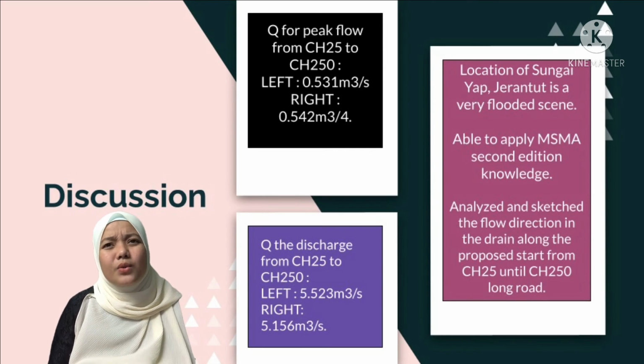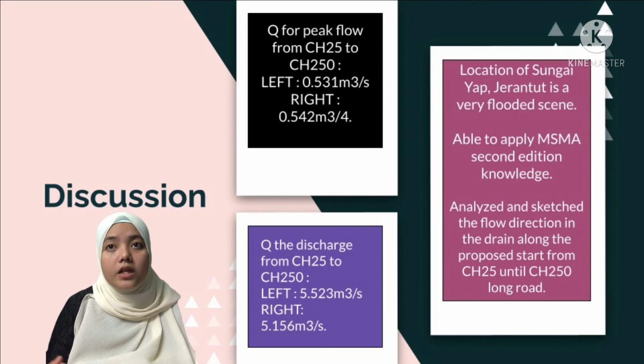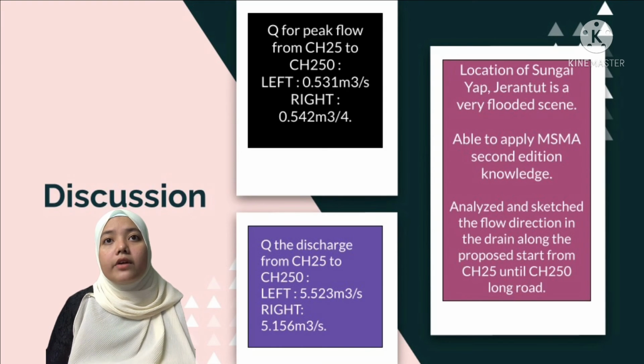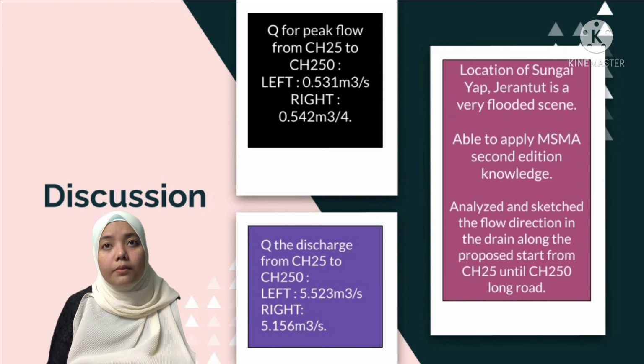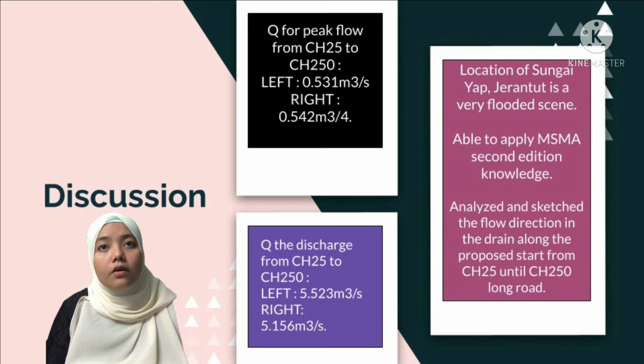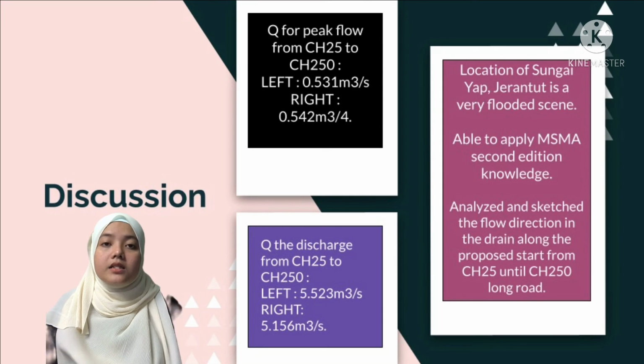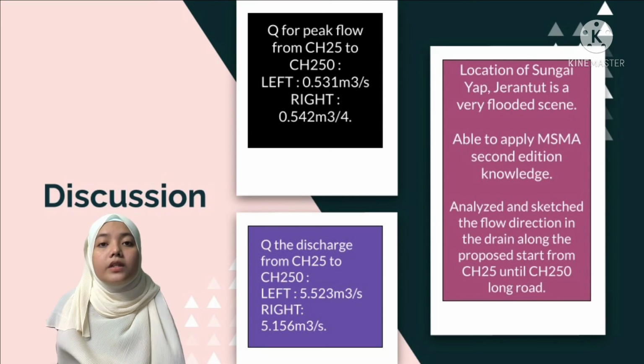We had to determine and label the applicable type of drain along the proposed road from CH0 to CH600, and we successfully analysed and sketched the flow direction in the drain along the proposed road from CH25 until CH250.